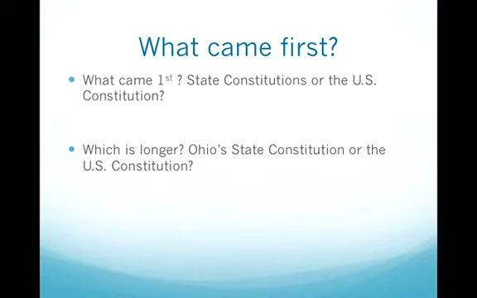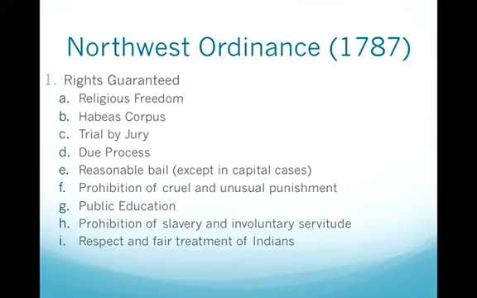They threw away these charters from the English crown and started their own governments. And the U.S. Constitution comes later. Ohio's state constitution is much longer than the U.S. Constitution, with many more amendments.